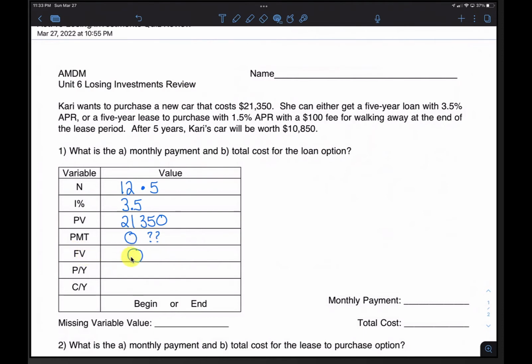Our future value is going to be 0 because at the end of the 5 years, the balance will be 0. And both PY and CY, payments per year and compounding per year, are 12 because it's monthly. And we want to have the calculator set to end. All right, let's go to our calculator.